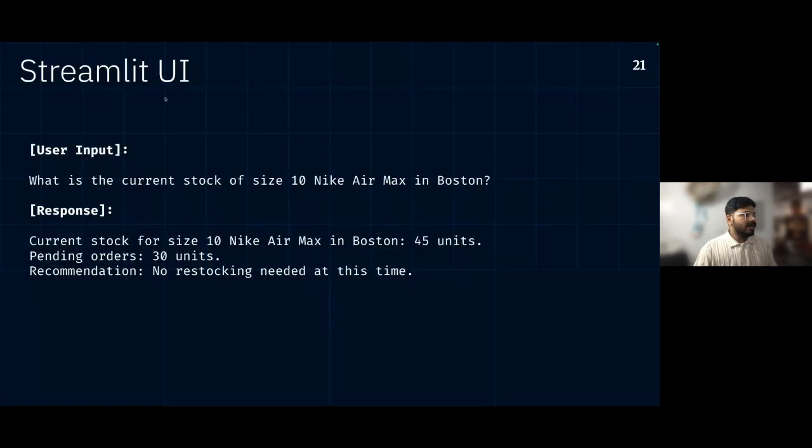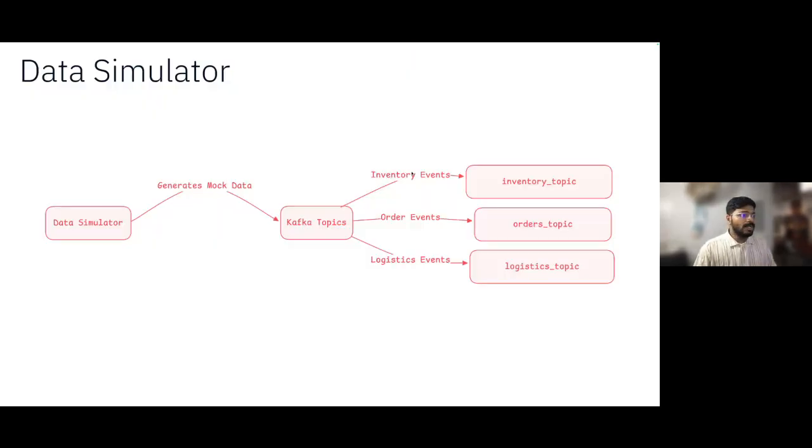So I'm thinking of a system where it starts off with a manager asking what is the current stock of size 10 Nike Air Max in Boston. The response I'm expecting is an accurate one: the current stock of size 10 Nike Air Max in Boston is 45 units, the pending orders are 30 units, and there is no restocking recommendation from the chatbot.